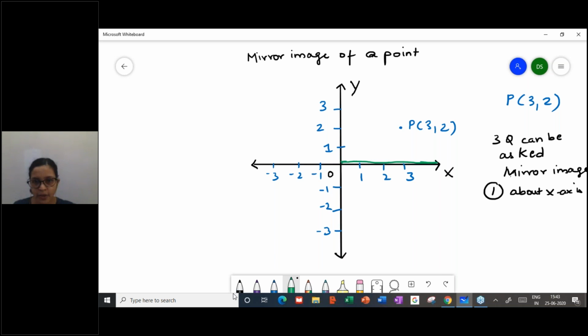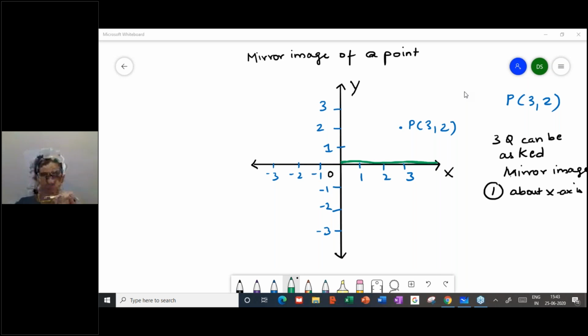So this will be your mirror, right? Which means the point is going to be this side. Okay, my voice is breaking, the whiteboard is lagging.